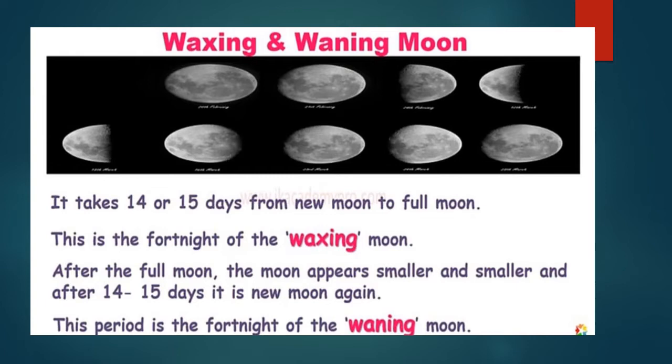Waxing moon means when it takes 14 or 15 days from new moon to full moon. Now, after the full moon, the moon appears smaller and smaller, and after 14 to 15 days, it is new moon again. So, this period is the fortnight of the waning moon. Okay, and fortnight means the period of 14 to 15 days.